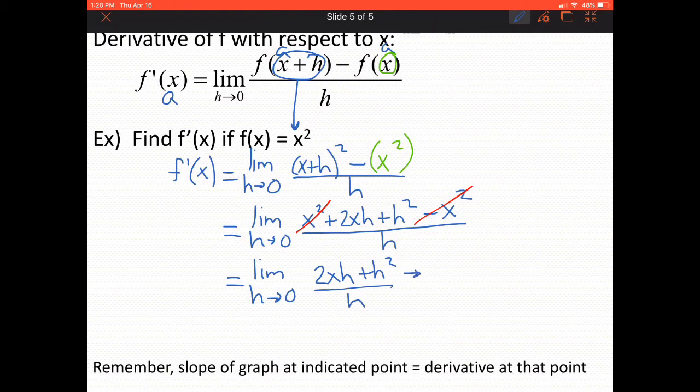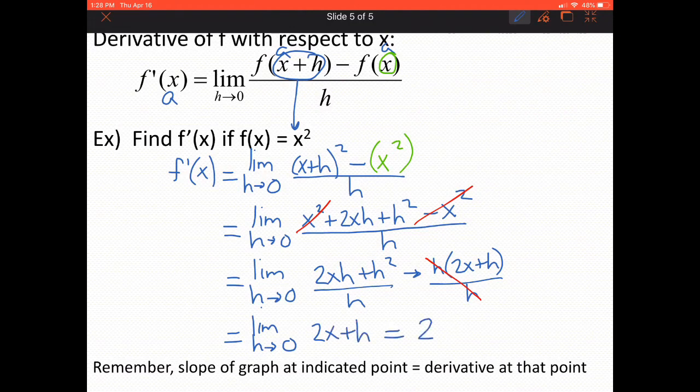Yet again, greatest common factor at the top is h. Factor it out. And the h's cancel. So we have the limit as h approaches 0 of 2x plus h, plug in 0, you get 2x. So we found the derivative of the function is 2x.